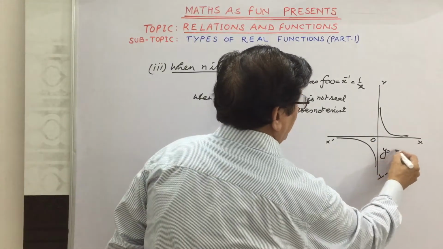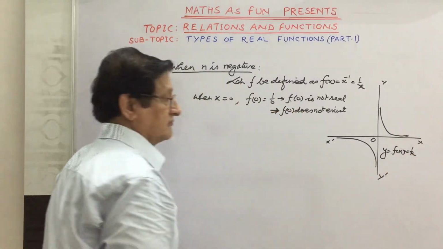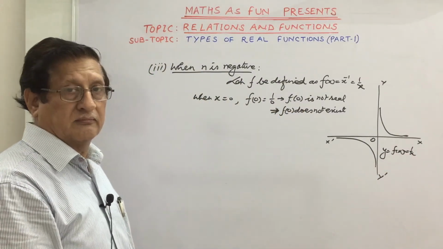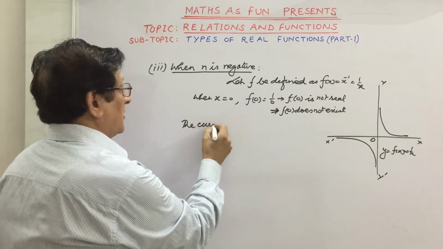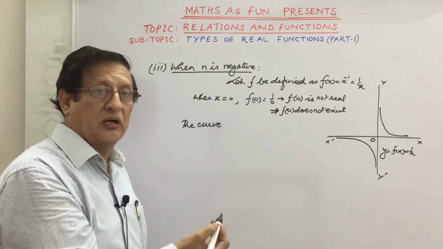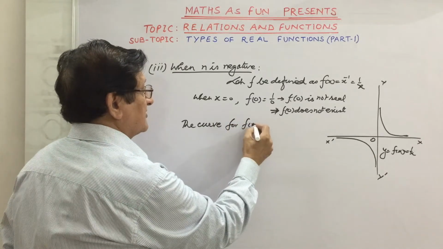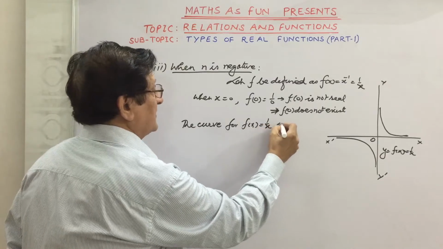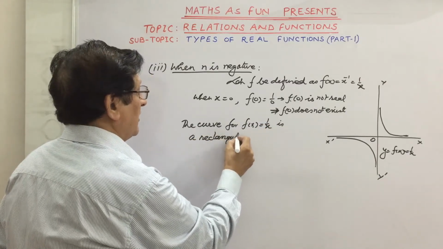This is the curve for y = f(x) = 1/x. This curve actually is a rectangular hyperbola. The curve for f(x) = 1/x is a rectangular hyperbola.